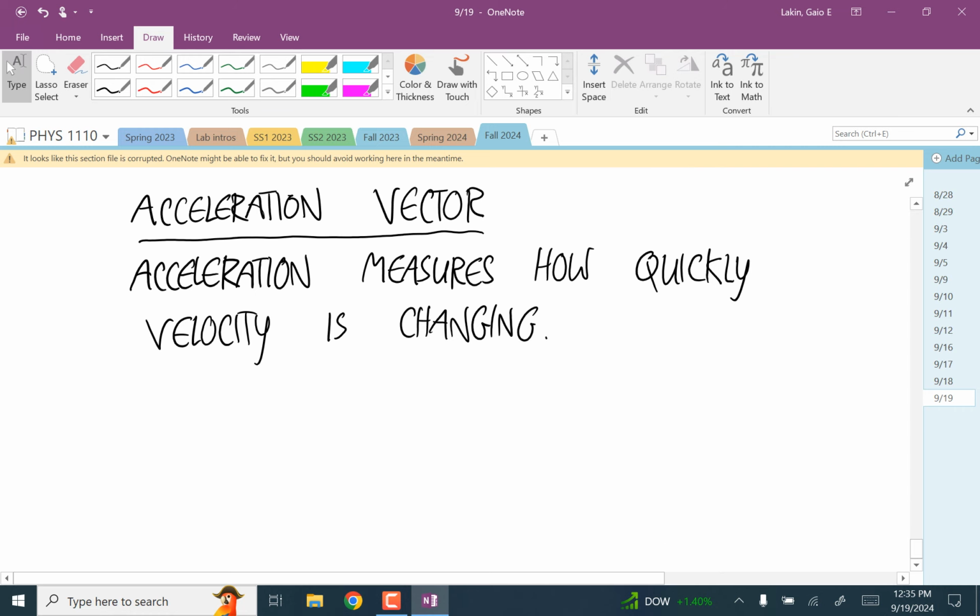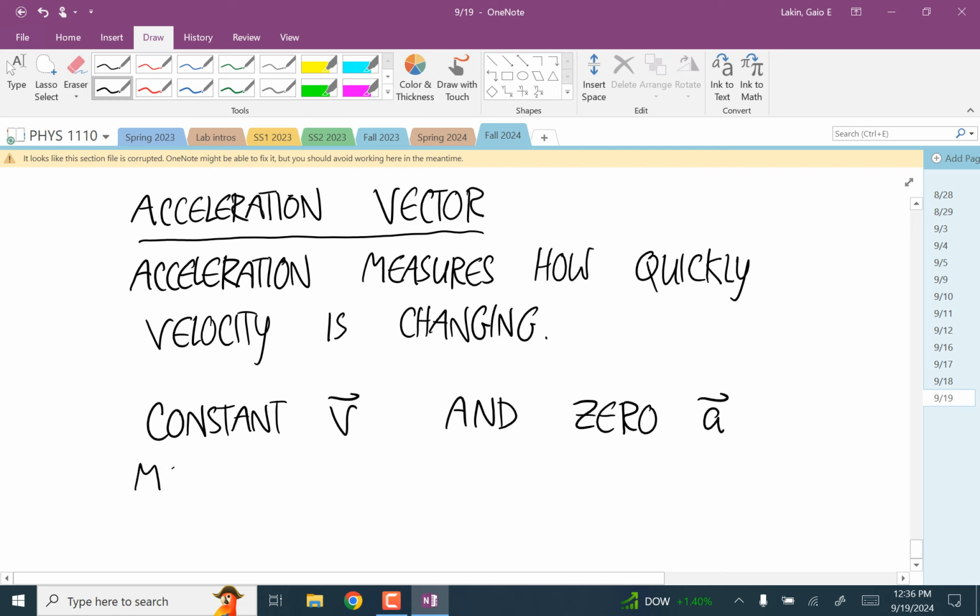And this is something that was true in 1D and it's true in 2D. Constant velocity and zero acceleration mean the exact same thing. So if the velocity is not changing, then acceleration is zero.